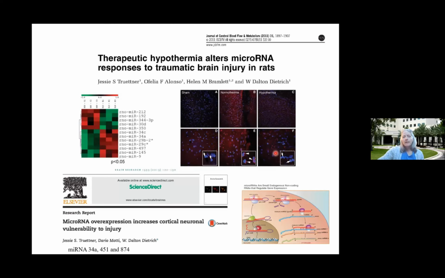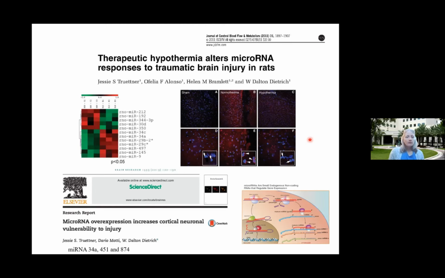So you have elevated microRNAs, and they're resulting in gene activity and proteins that are not good. But with hypothermia, you see a blunting of certain microRNAs, indicating another secondary injury pathway that is reduced with therapeutic hypothermia.